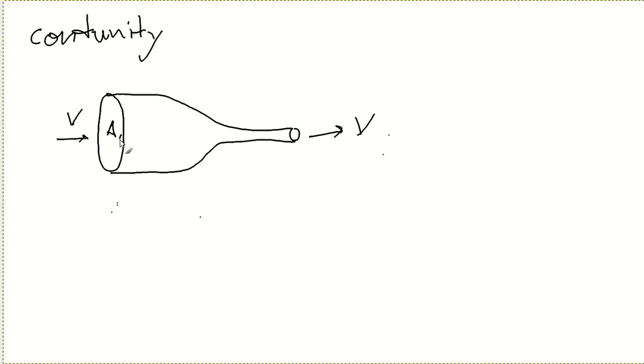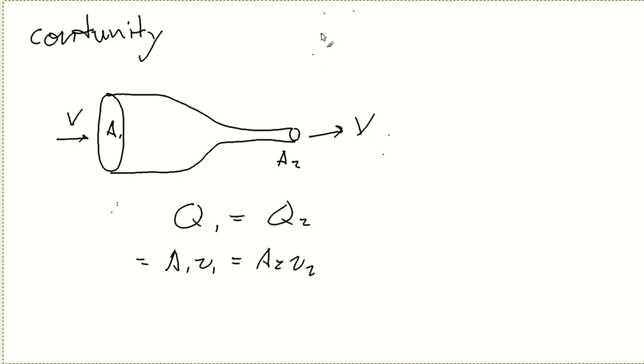So if this is A1 and this is A2, well, the volume rate of flow on both sides is the same. So that means that A1 V1 equals A2 V2. And so we can consider doing a problem with this. Suppose we have such a pipe and we have water coming into it at 1 meter per second.